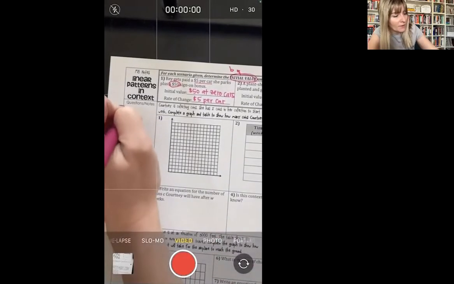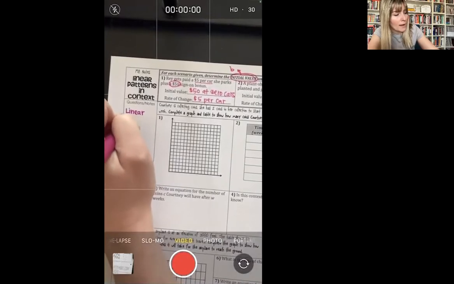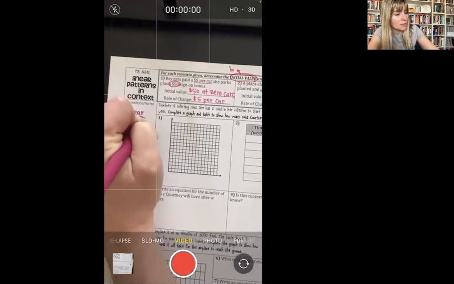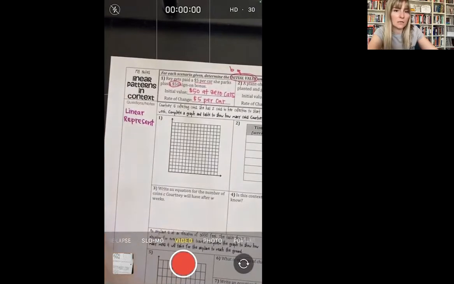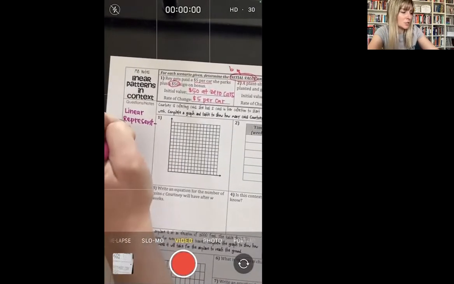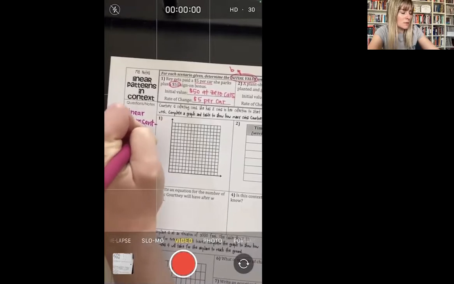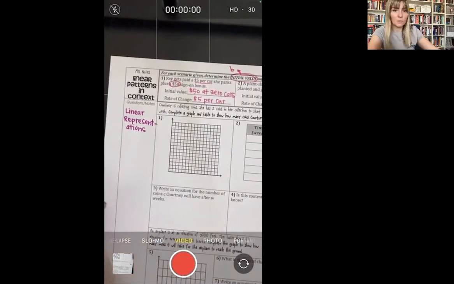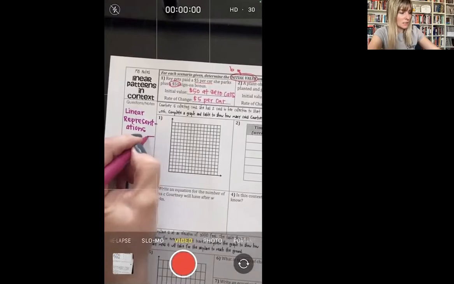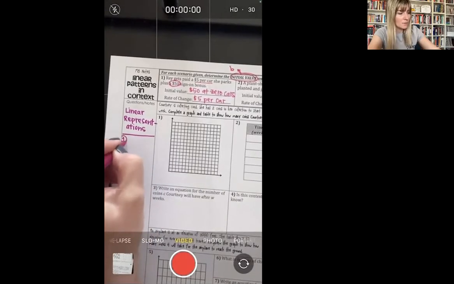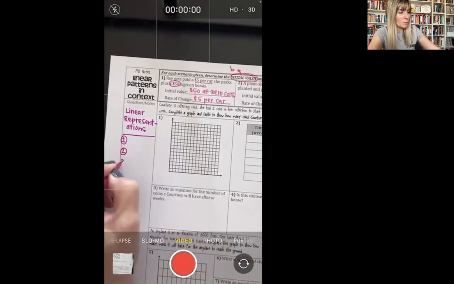So I'm going to write here linear representations. There are 4 main ways that we will represent a linear function. And we are going to list them here to make sure we remember them.